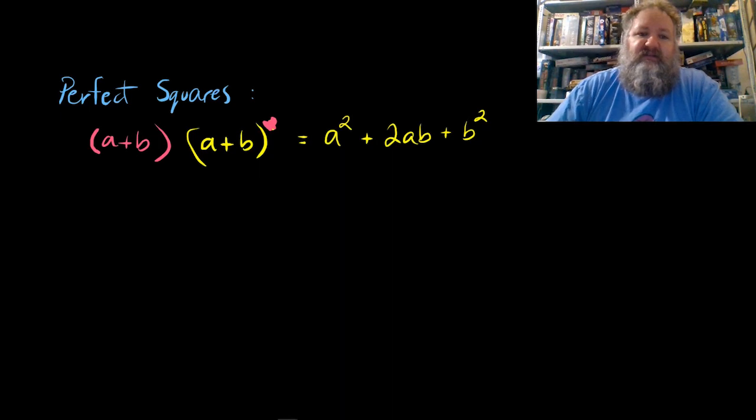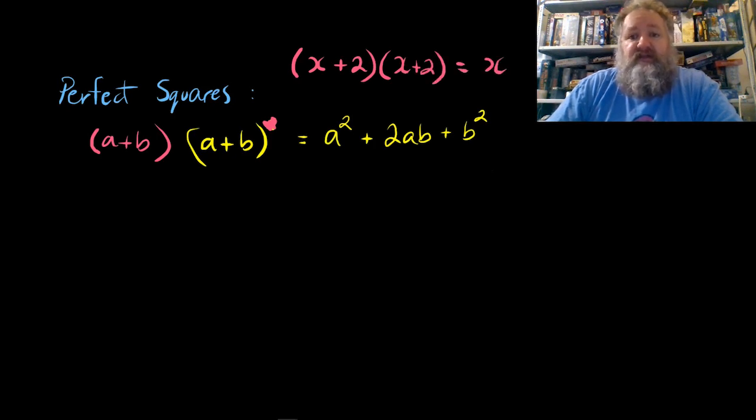So if you had something like x plus 2, and it was x plus 2, I can go straight to the answer. It'll be x squared plus, well, it'll be 2 times 2, so that'll be actually 4, because it would be 2ab, but one of them is 2, so that'll be 4x plus 2 squared is 4. And that would be the answer. I can go there straight away.